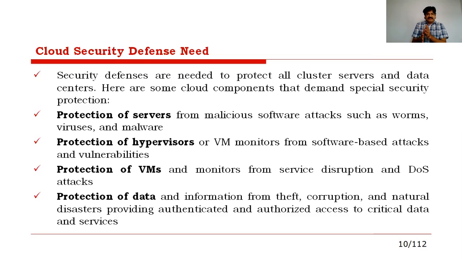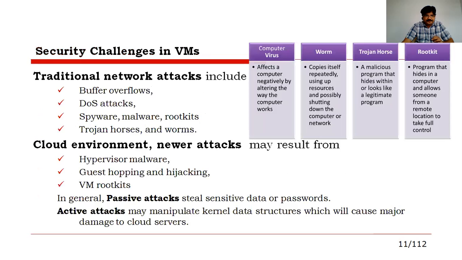For that, authorized access to the critical data and services is important. If unauthorized access is not properly prevented, anyone can modify the data or corrupt the data. That can be prevented by using protection of data, by limiting access to authorized users only.